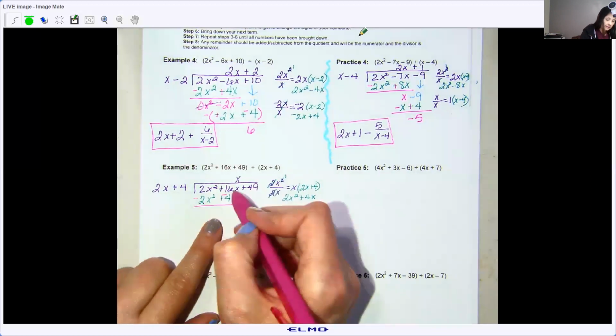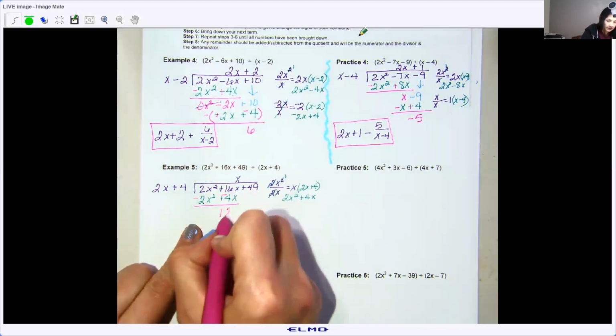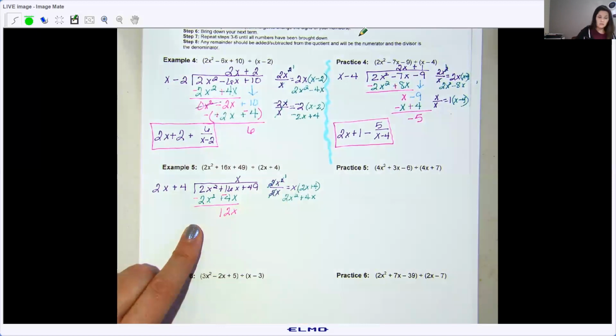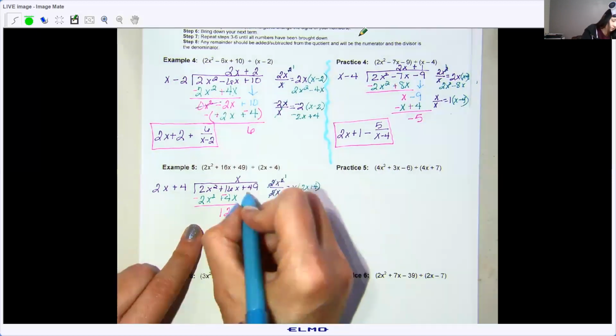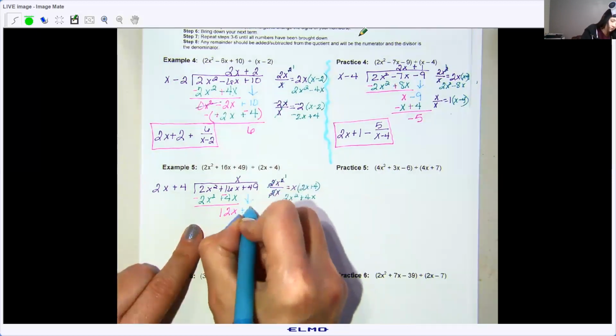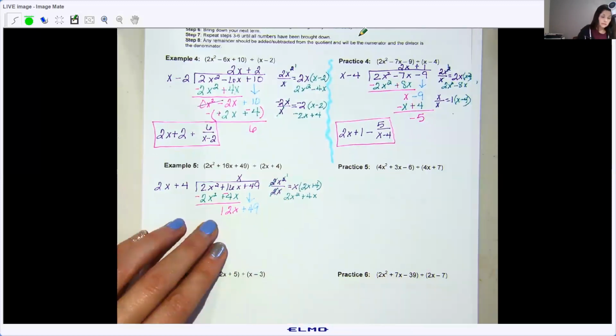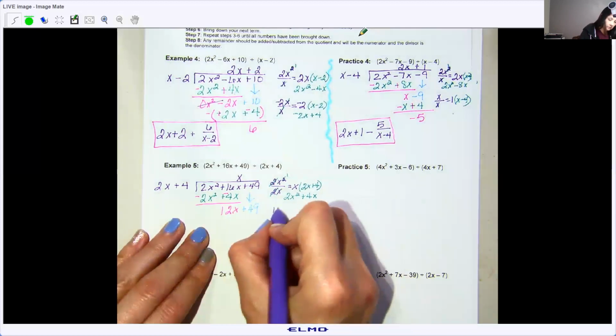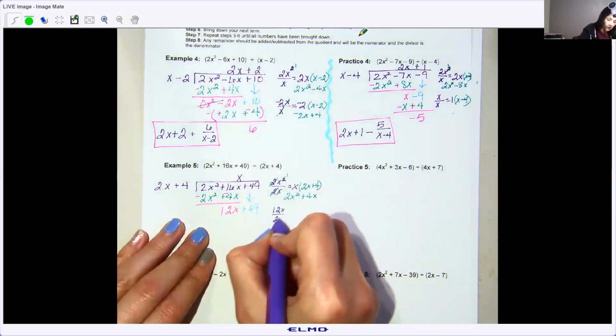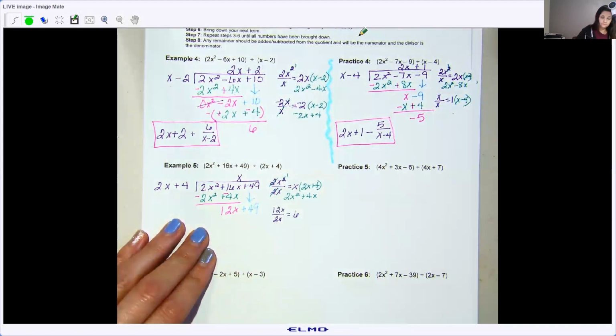Those cancel out, and 16 minus 4 is 12x. And then I bring down my 49. Okay, and we start over. Now we have 12x. 12x divided by 2x. And that gives us 6.